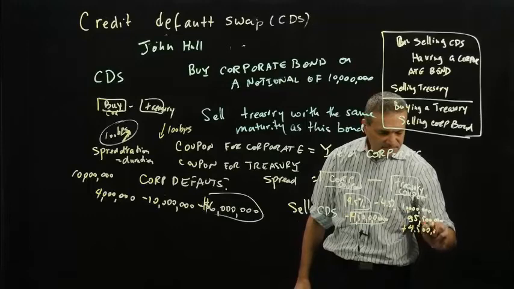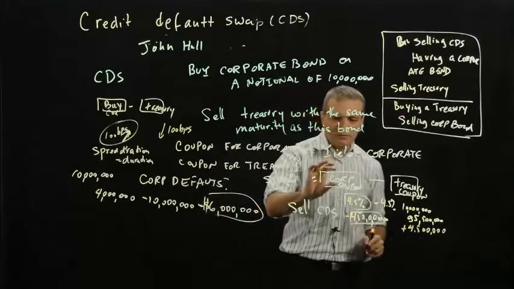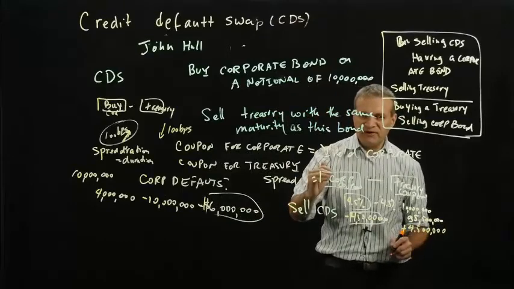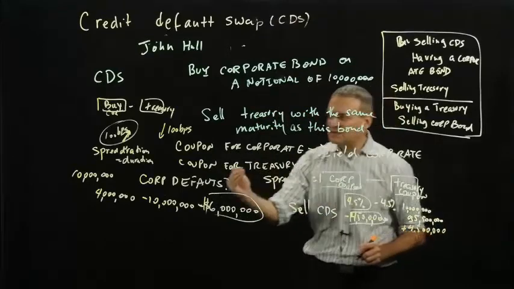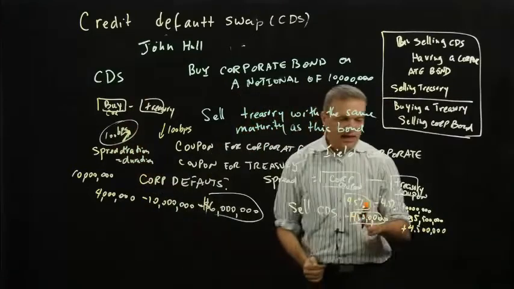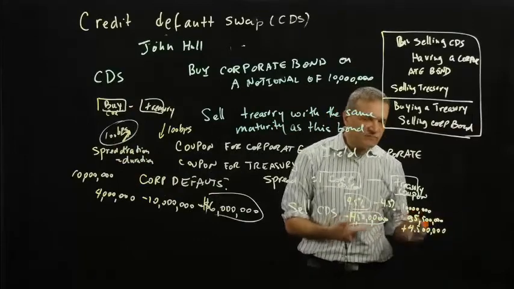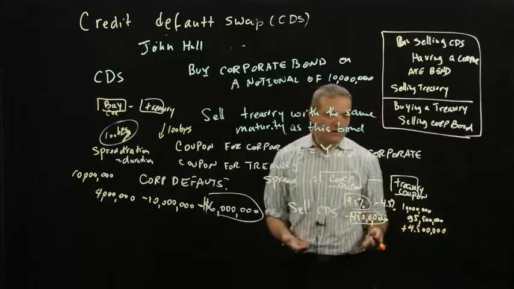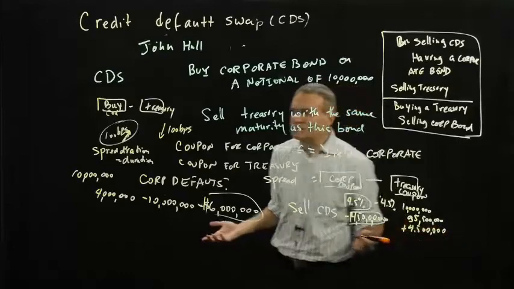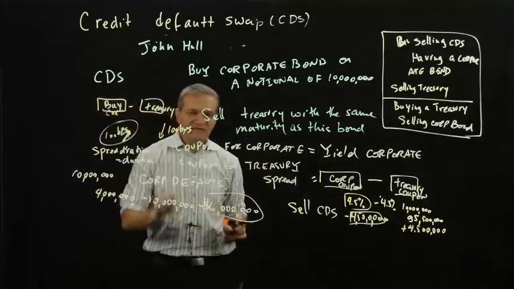Because once again, your corporate bond had a 4.5% spread duration, but now it has a 4.5% gain because the spread went down. So it's 104.5 million minus 100, which is 4.5 million, and you're done. So this is what happens if just the spread moves.